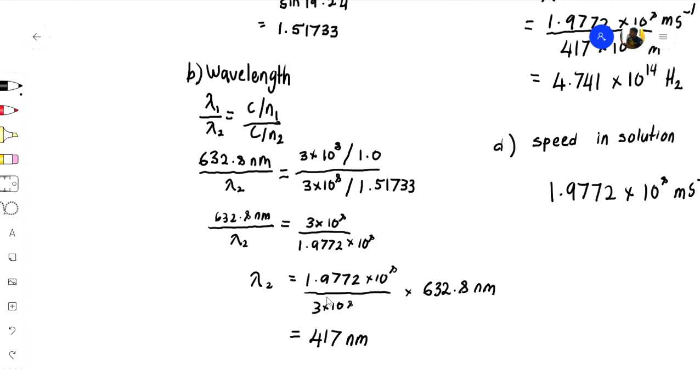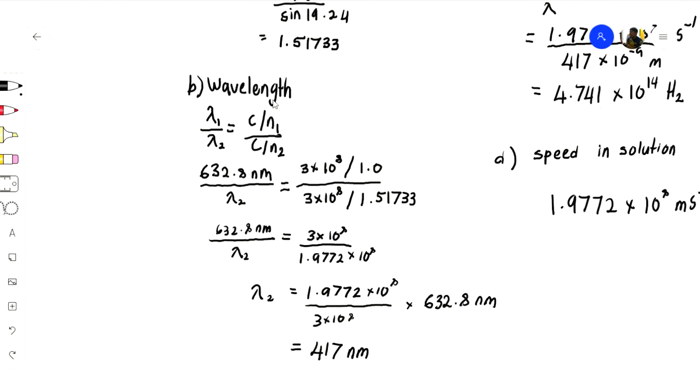Because we want to find wavelength 2, we just do like this: 1.9772 times 10 to the power 8 over 3 times 10 to the power 8, times 632.8. From this we will have 417 nanometer. So we have completed B, the wavelength.